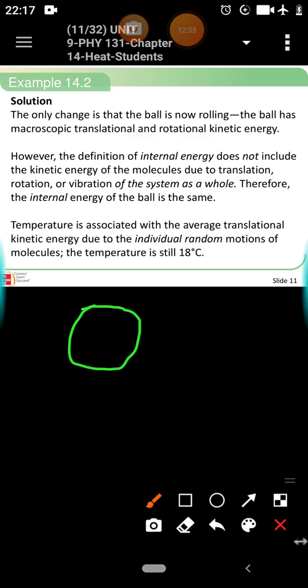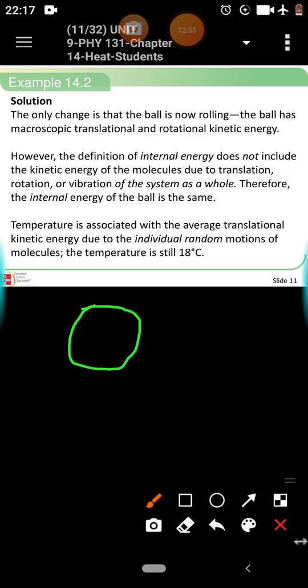The temperature at rest was 18, and even when it was rolling, it was still 18, because we ignored the external factors, friction and air drag.